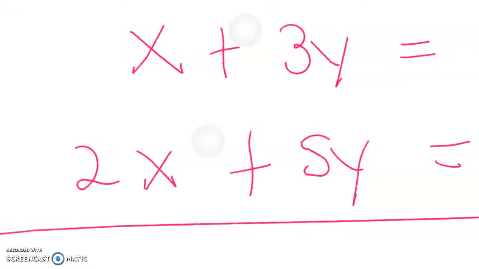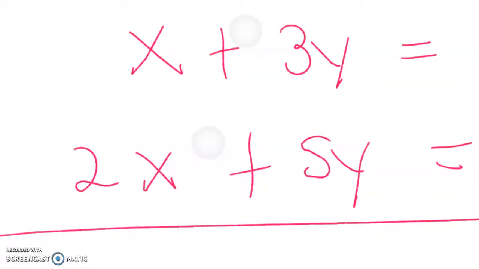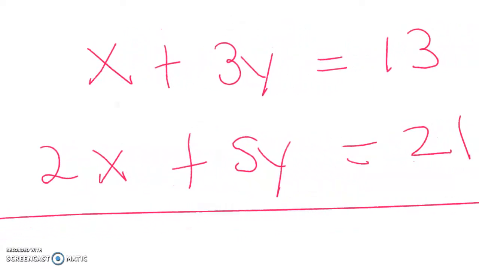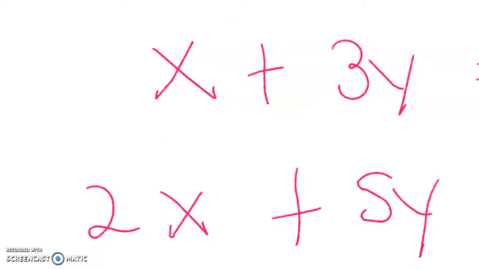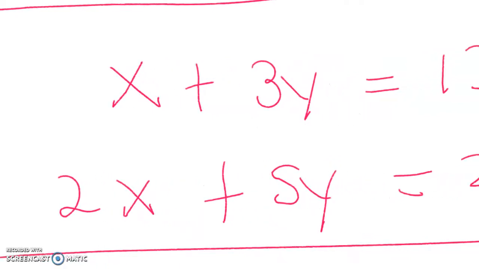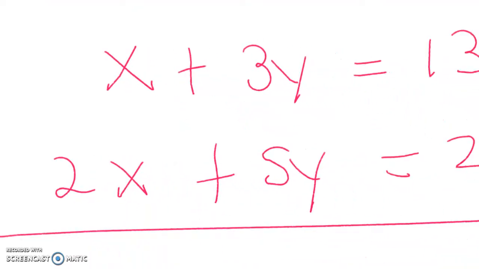I wonder what I could put on top so that the plus 2x in the bottom will cancel. So you must ask yourself, what number can you put in front of the x up here that will make the 2x cancel with it? Okay, so the answer would be minus 2x. If I had a minus 2x up here with the plus 2x underneath, they will cancel.